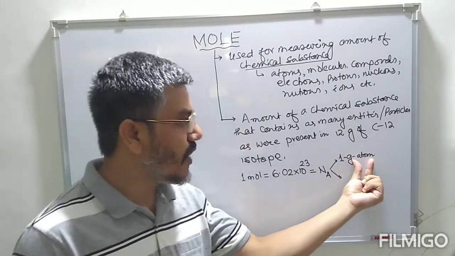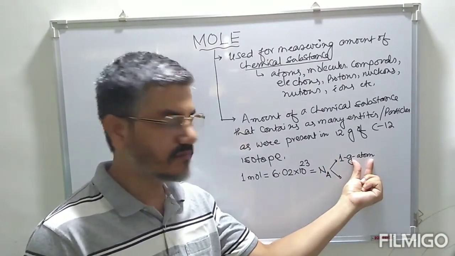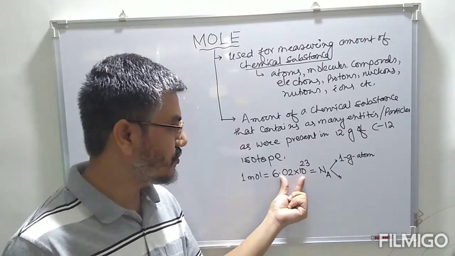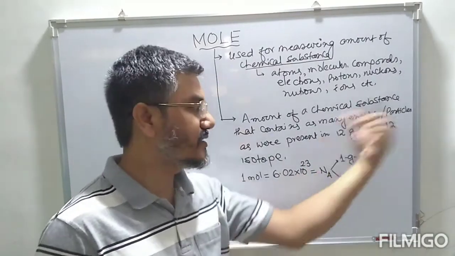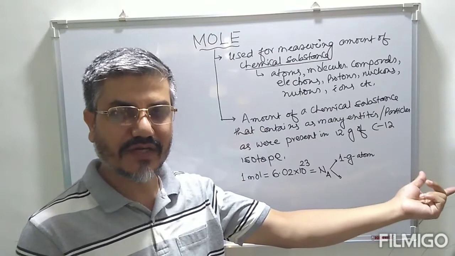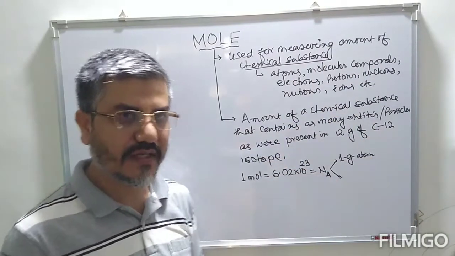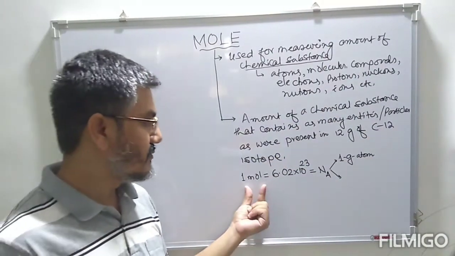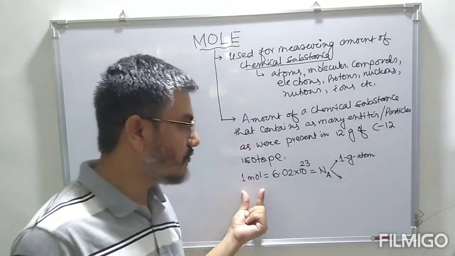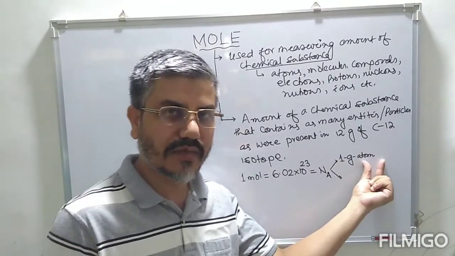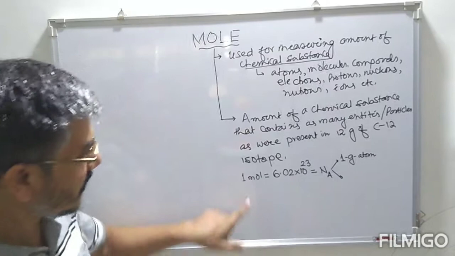So the mass of 1 gram atom, that is the mass of 6.02 × 10^23 atoms, was defined as gram atomic mass. So 1 gram atom is nothing but 1 mole, and the mass of 1 mole of atoms is called gram atomic mass.